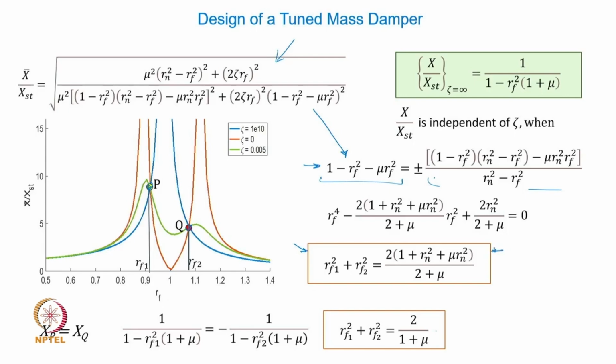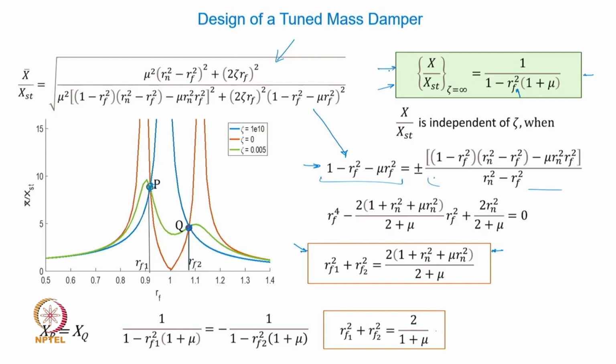That was one route. The second one was by looking at the amplitude ratio for zeta equal to infinity, and because all graphs pass through these 2 points, at zeta equal to infinity the graph will also pass through these points.